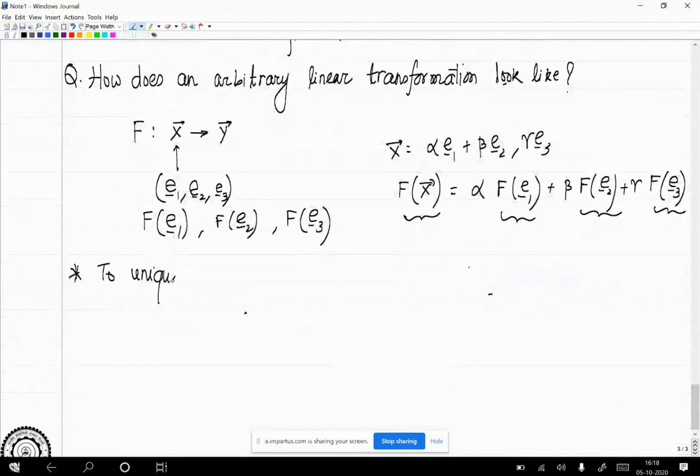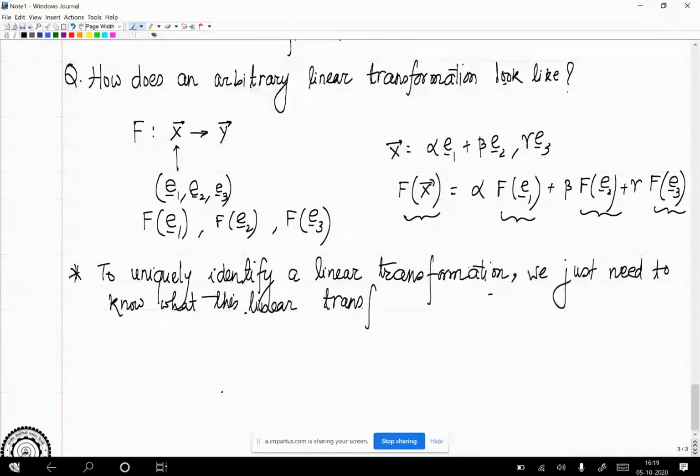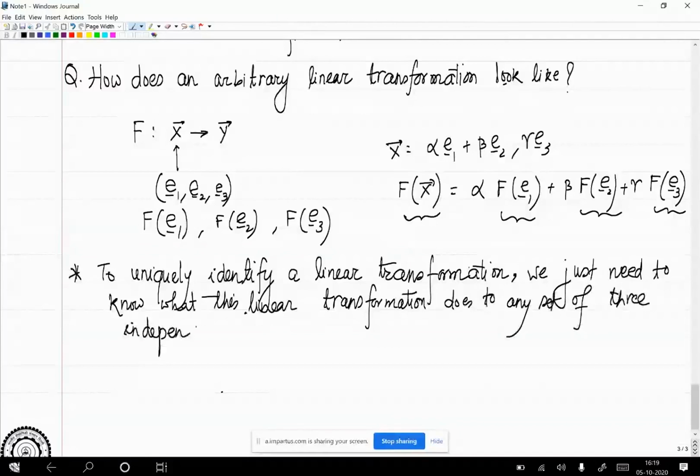To uniquely identify a linear transformation, we just need to know what this linear transformation does to any set of three independent vectors.